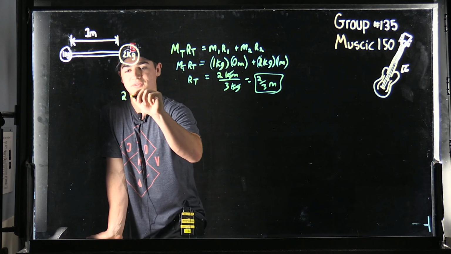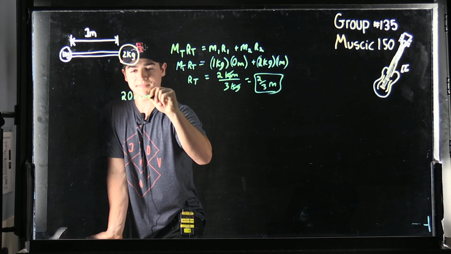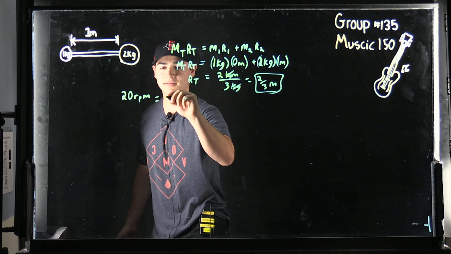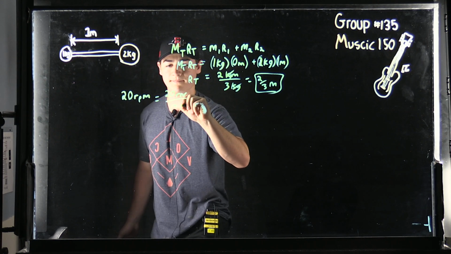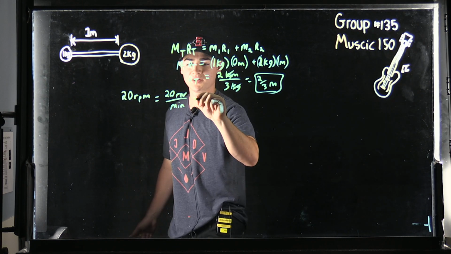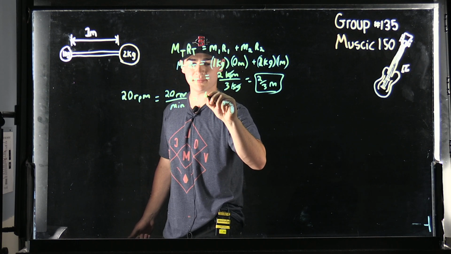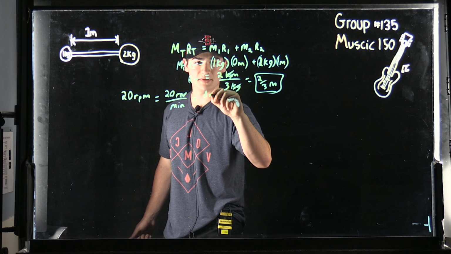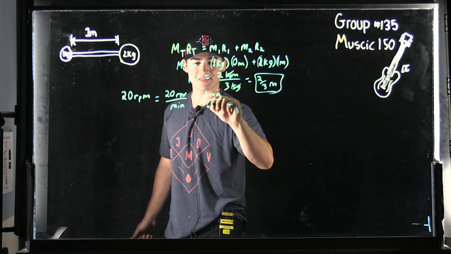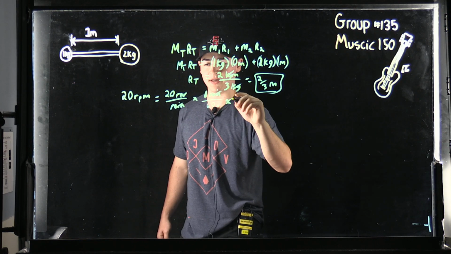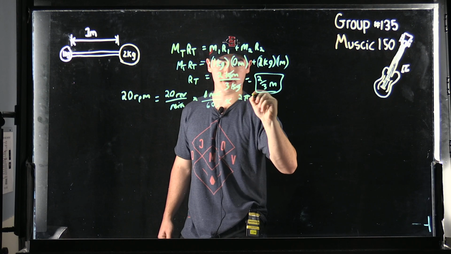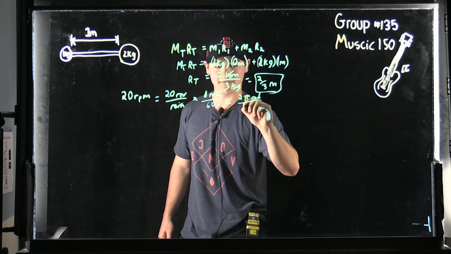If you said that it was 20 RPMs, 20 revolutions per minute, all right? What we're going to do is multiply it by 1 minute over 60 seconds, and multiply it by 2 pi radians over 1 rev.